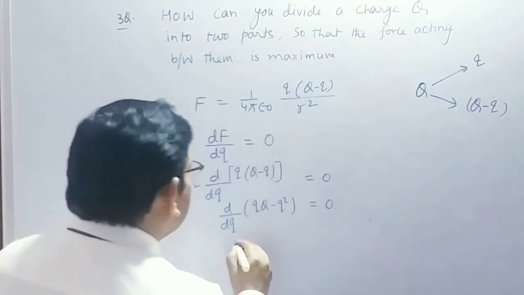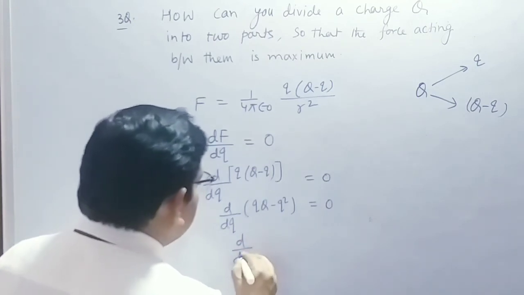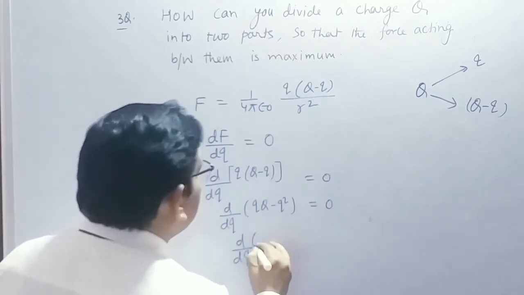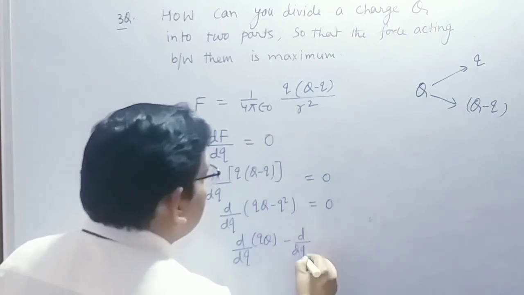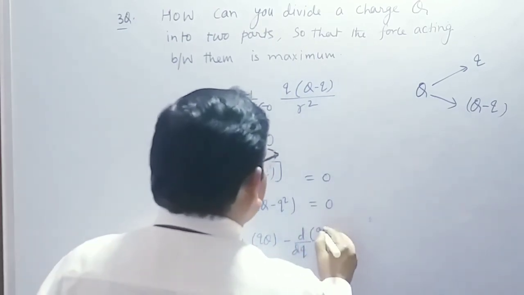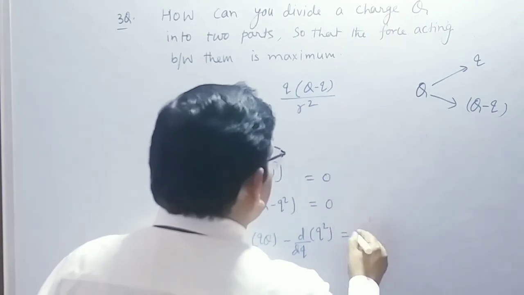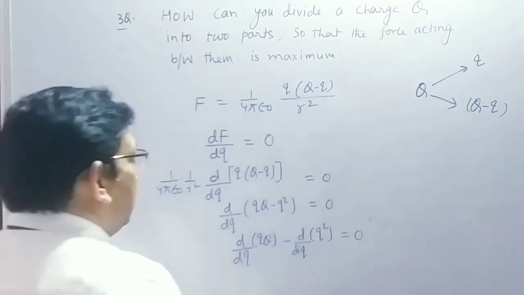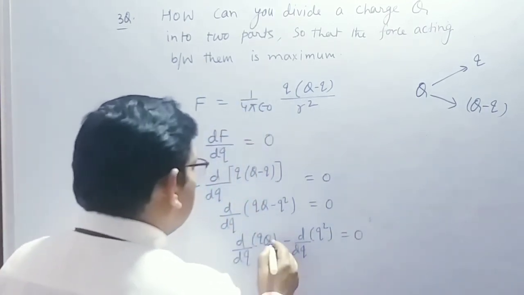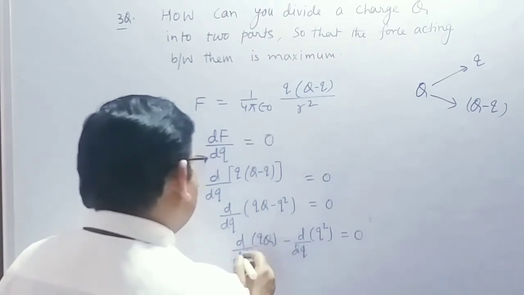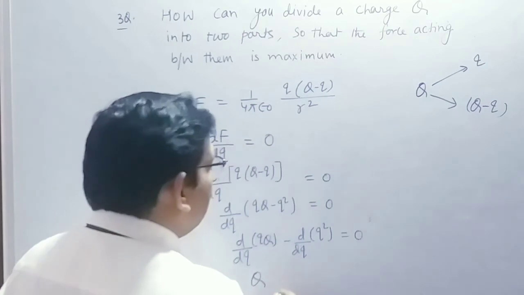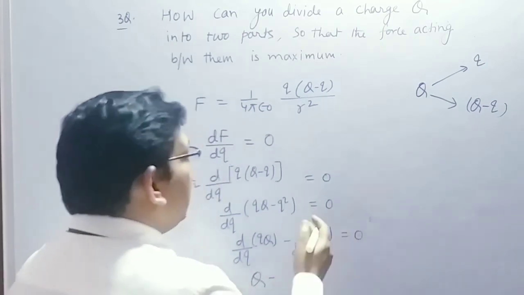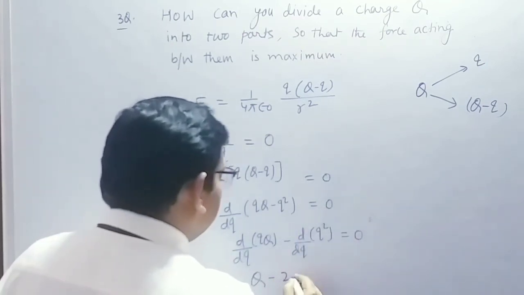Now differentiating this one, I am separating the two terms: d by dq of qQ and d by dq of q square, equal to 0. Q is constant and the differentiation of q by dq is 1, so we only have Q left, and here using the formula x to the power n, you get 2q.